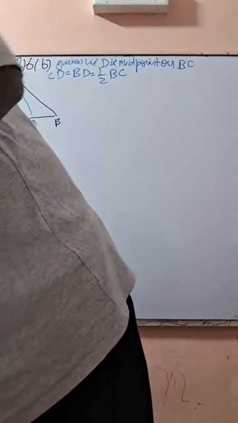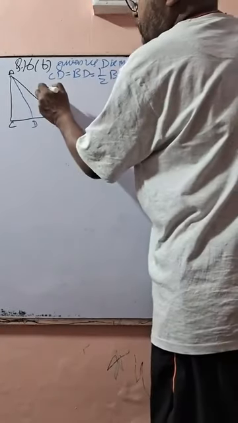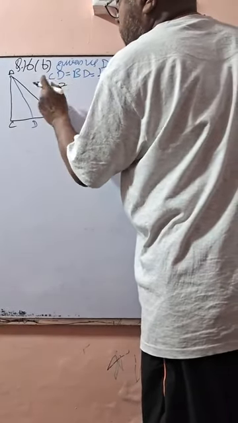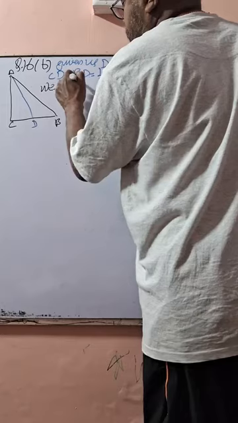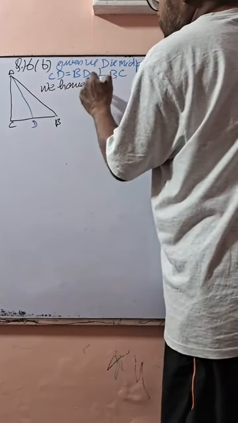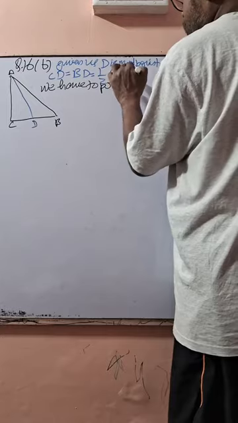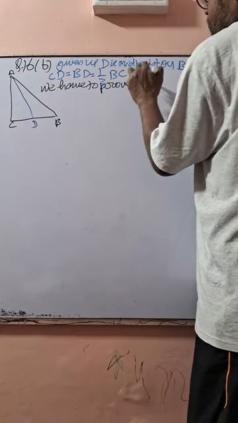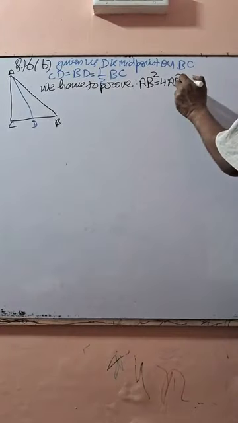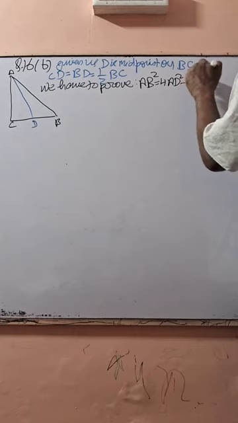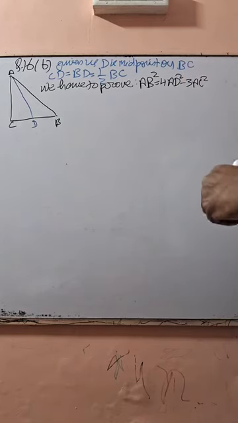So we have to prove that AB square is equal to 4AD square minus 3AC square. This is what we have to prove.